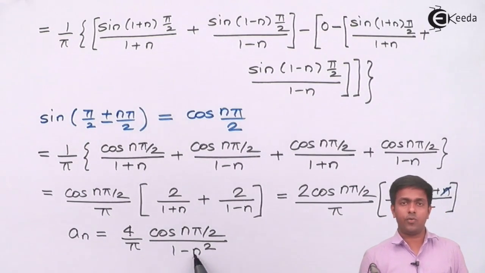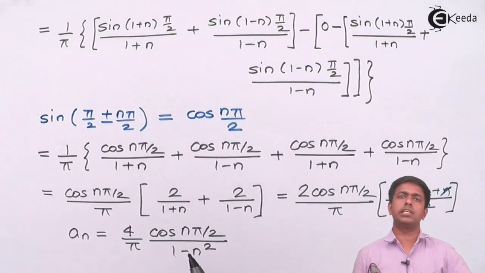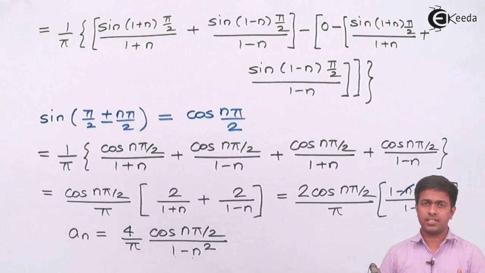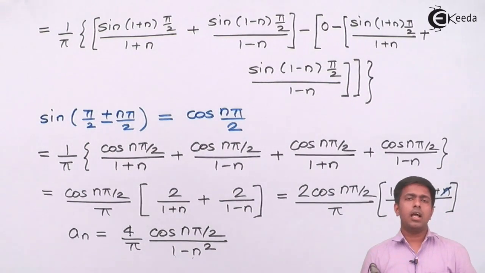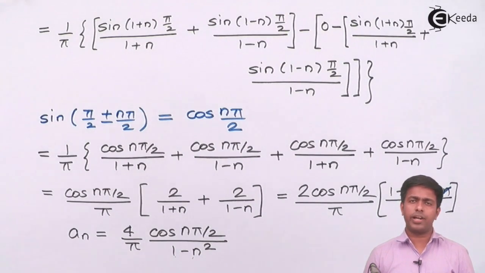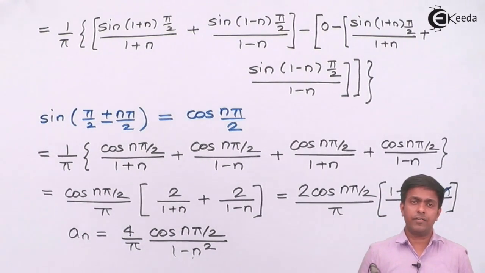So when we put n equal to 1 here, we will get 1 minus 1 is 0, and some finite value upon 0 is infinity. So we will get the answer as infinity. And if we get one term as infinity, the whole value is infinity. And therefore we'll get the Fourier expansion as infinity, which is not possible. We want the finite expansion of the given function.